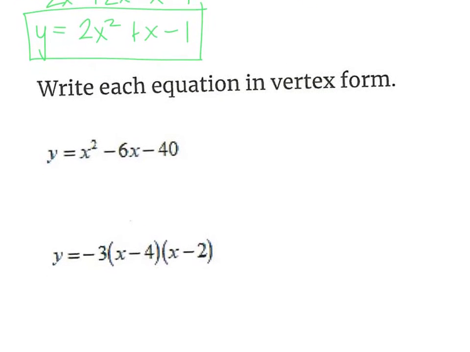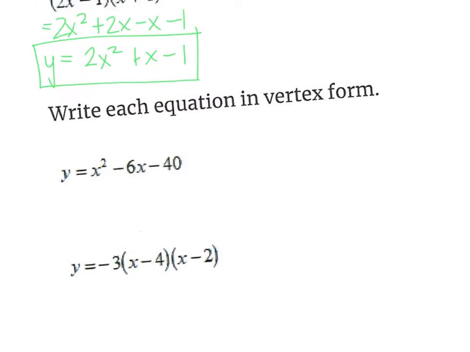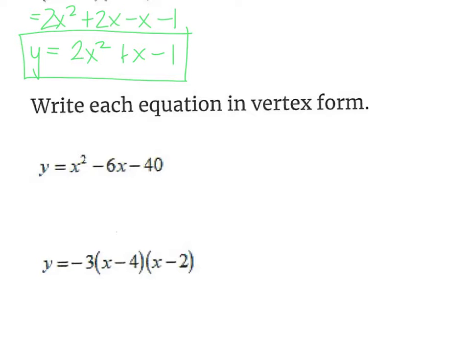The last set is asking for vertex form. And for vertex form, of course, you need the vertex. Find the vertex by graphing, just like when we find the x-intercepts, we graph. Of course, you can complete the square.